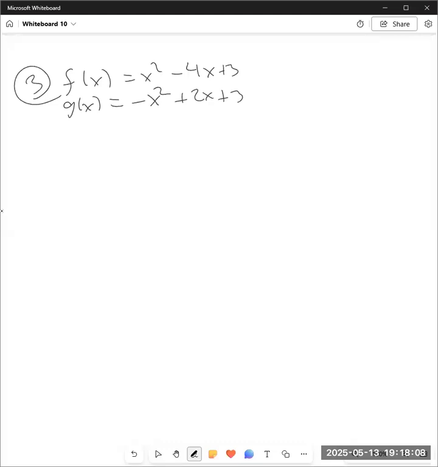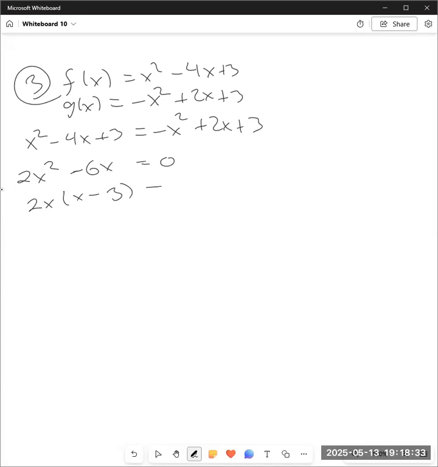So let's go ahead and figure that out without the picture. Let's find their points of intersection first. It's going to be 2x squared minus 6x is equal to 0. That's going to be 2x as the common factor, times x minus 3 equals 0, x equals 0, or x equals 3.